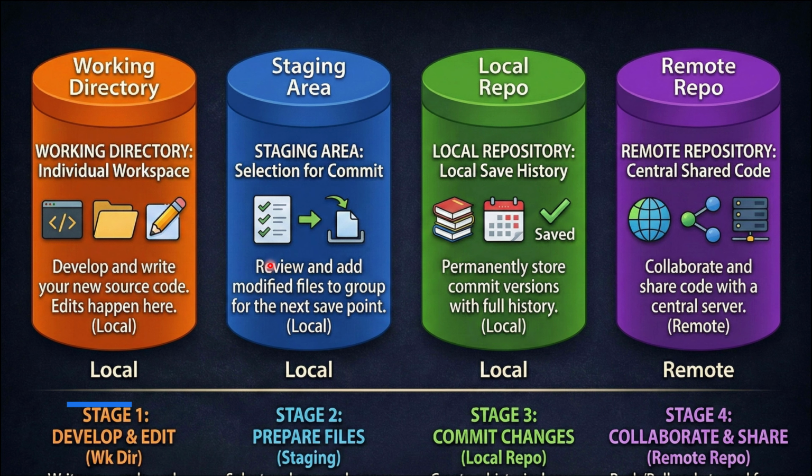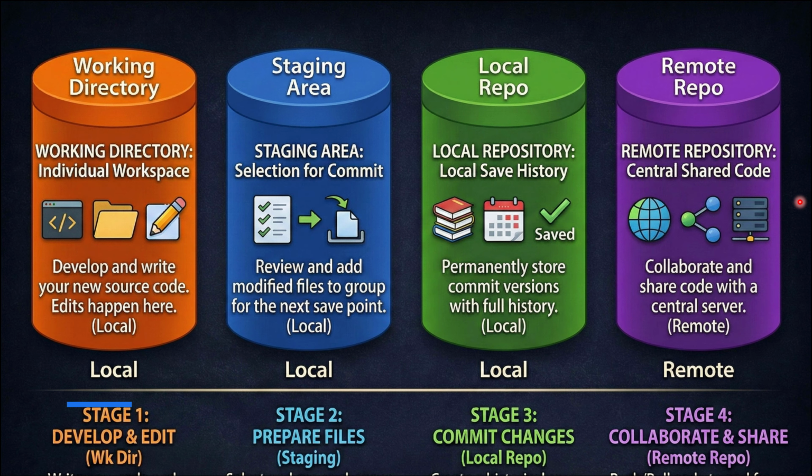This is called a local repository. A commit is a permanent save point in your machine. Even if you delete the file or break the file, you can recover from the commit history. You need to remember this.